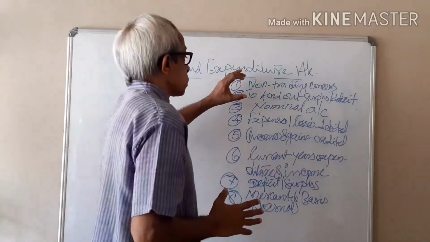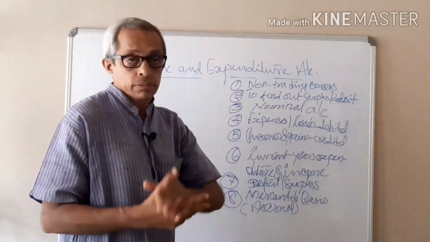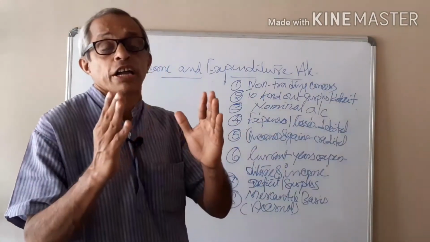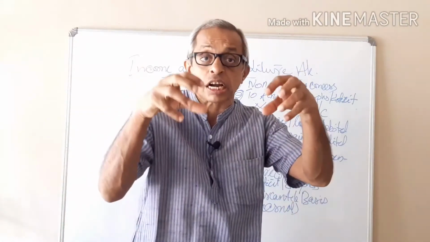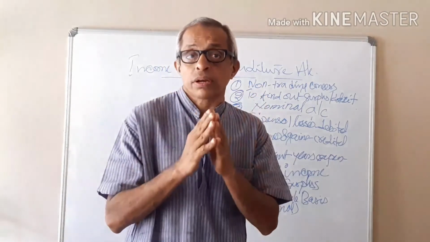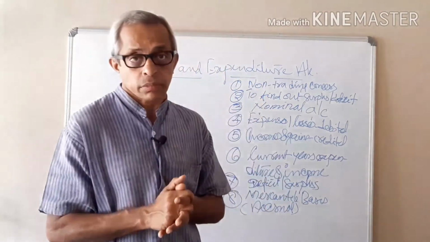So, this income and expenditure account is prepared by a non-trading concern, and why it is prepared, it is written in order to find out the net result of trading. The net result of service of a particular financial year.